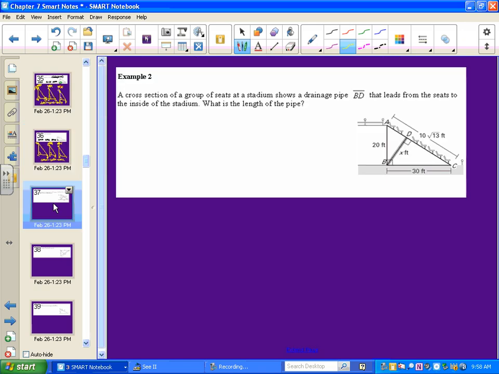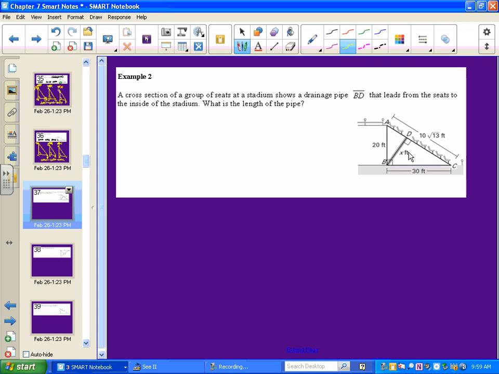Looking at example 2. A cross-section of a group of seats at a stadium shows a drainage pipe, BD, that leads from the seats to the inside of the stadium. What is the length of the pipe? So here, we're trying to solve for x.